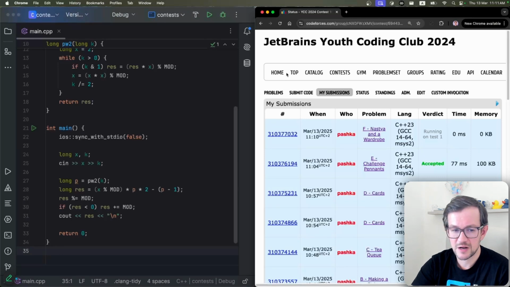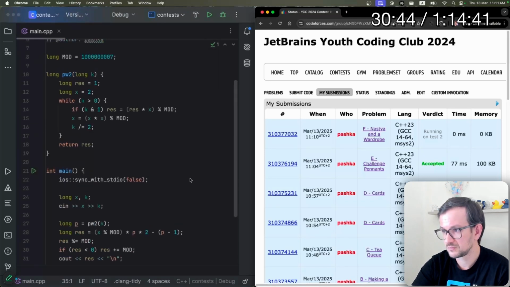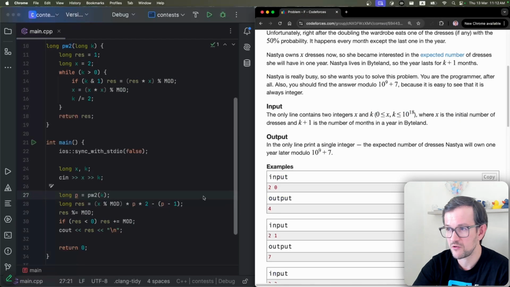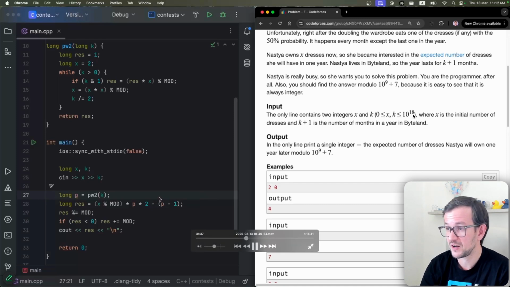Okay, and here again I have wrong answer. Yeah, because I forgot a case. I'm not sure which case, so I read the problem statement again and find some tricky spots. And here I see the 0 and immediately think, okay, what will happen if I have 0?